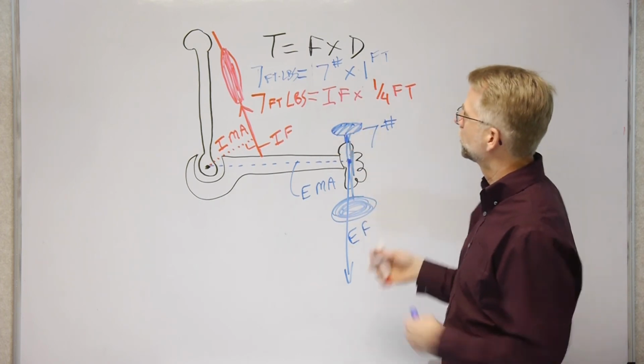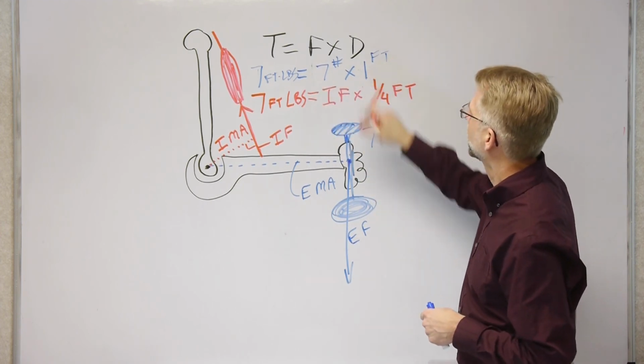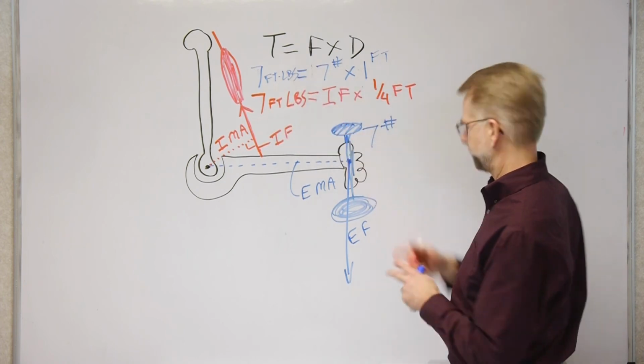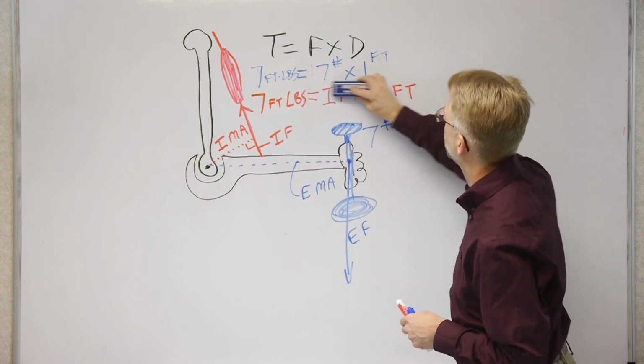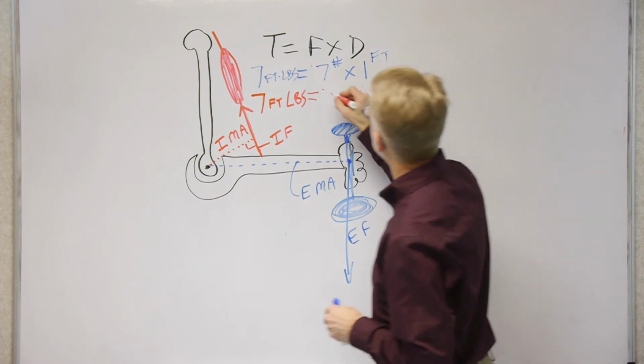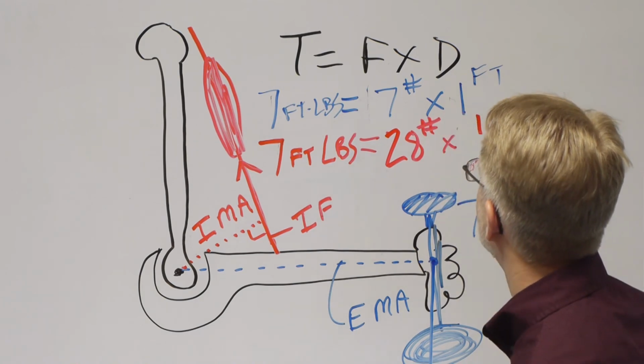Well, if you want them to be equal, you just make these two formulae equal, and then again, it's fairly straightforward. We've kind of already done that here. We just have to solve for our internal force. And if you do the math, that then is going to be 28 pounds.